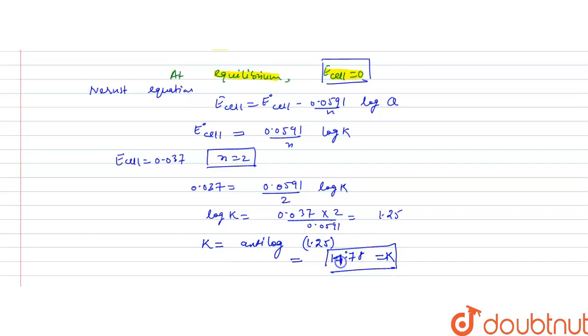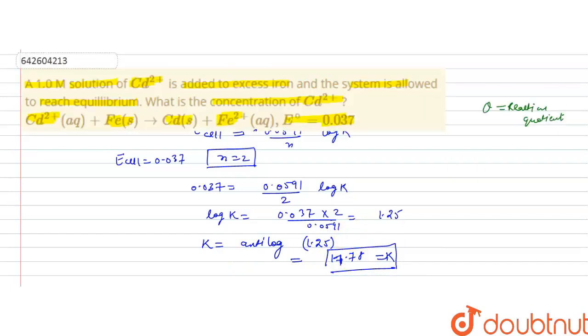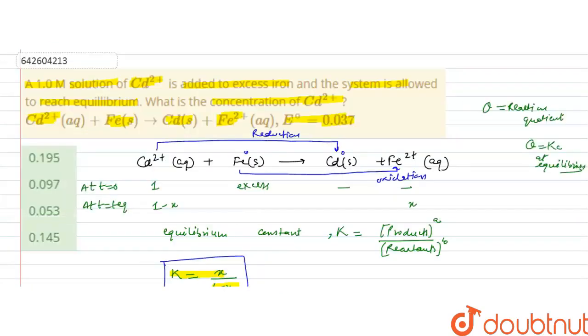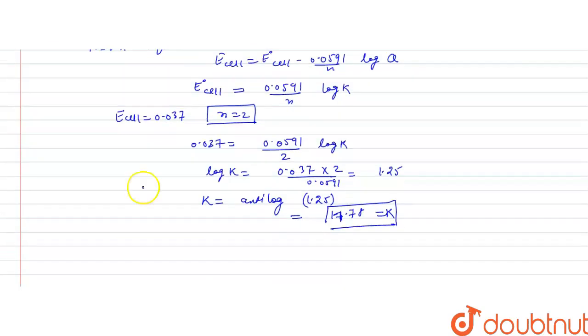Now we have the equilibrium constant K, which equals x upon 1 minus x. So if we calculate x from K, 17.78 equals x upon 1 minus x.